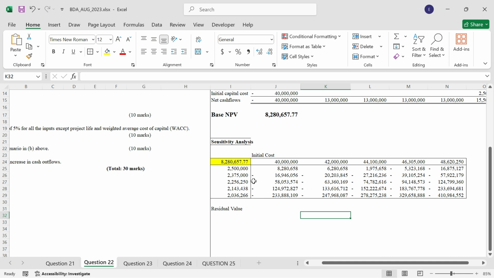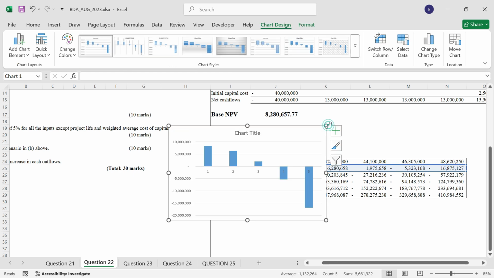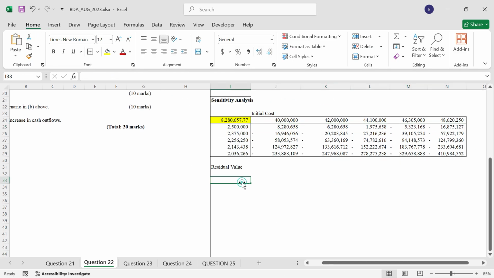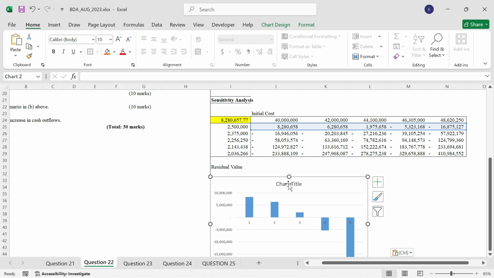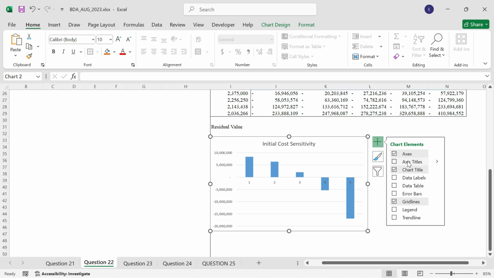I am interested in a graph of the different NPVs given my different initial costs. So this is on initial cost sensitivity. Again, a bit of formatting.